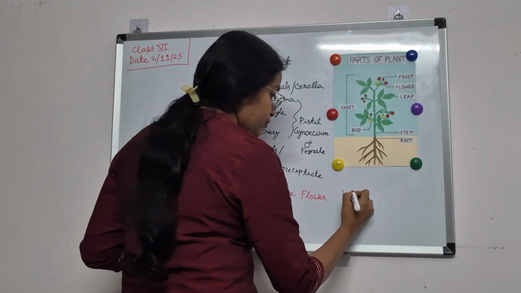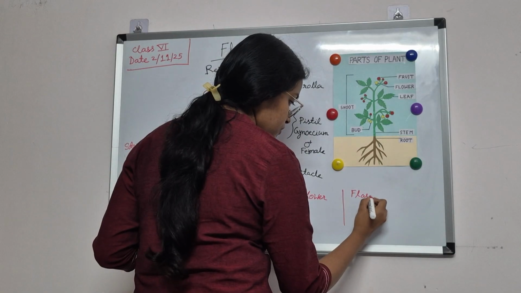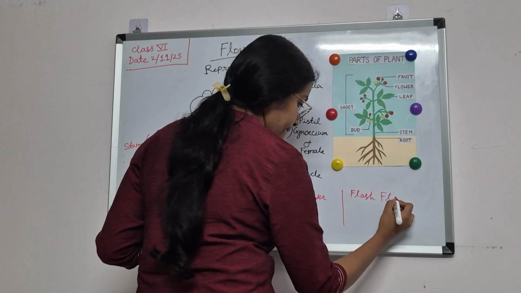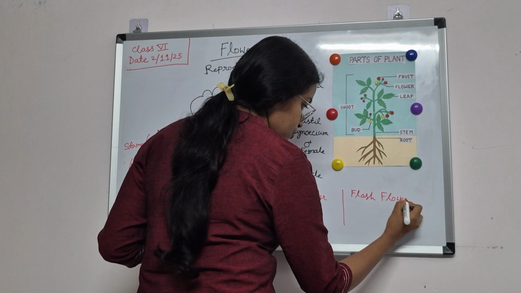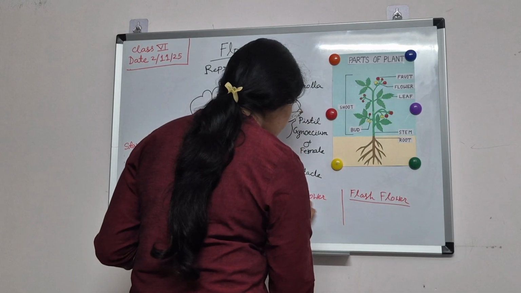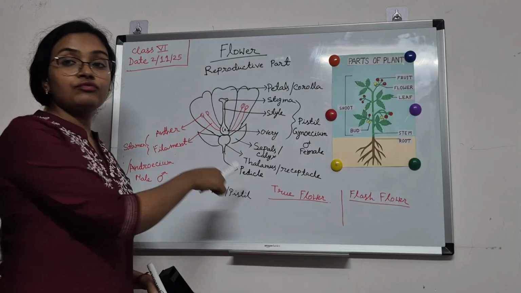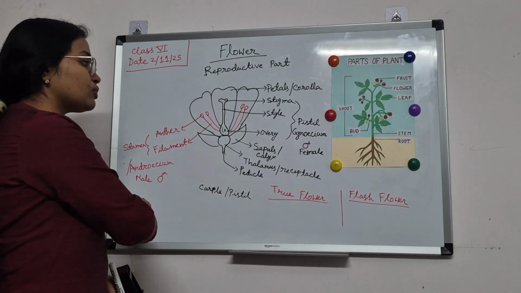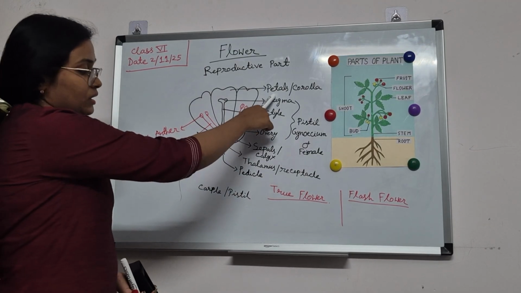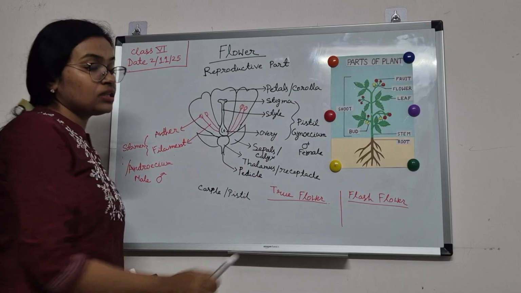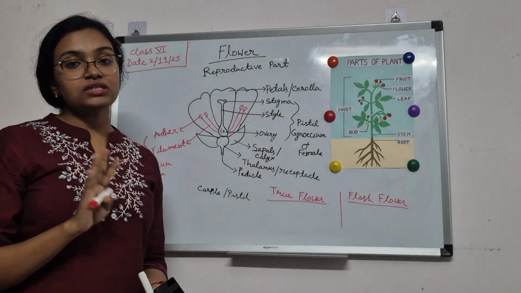So what is a true flower and what is a false flower? In a true flower, the female reproductive organ, male reproductive organ, petals and calyx, the 4 parts are present.